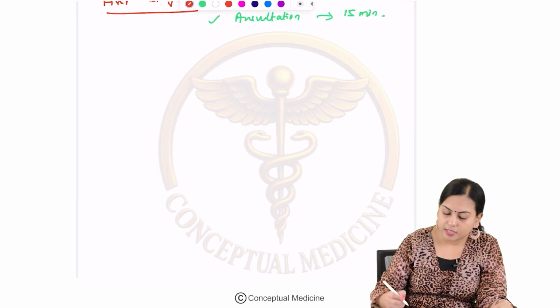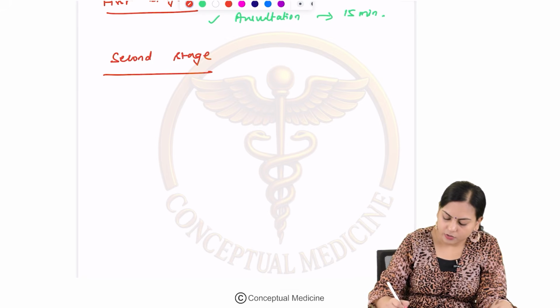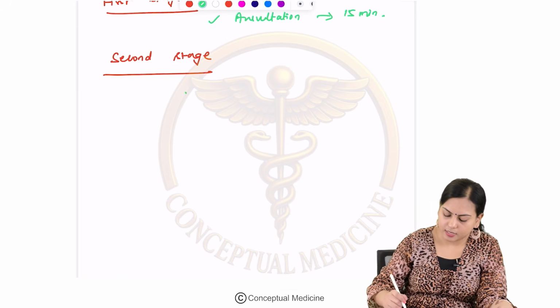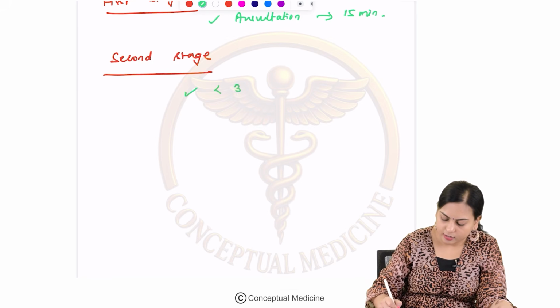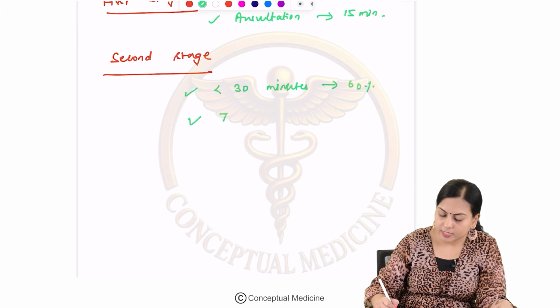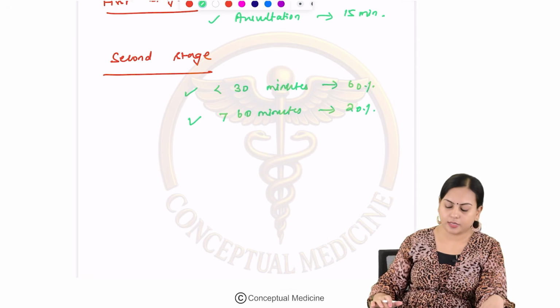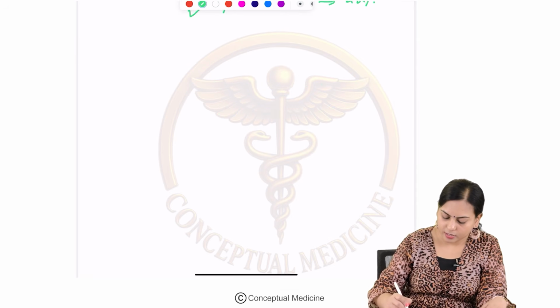And in the second stage, you have to know that less than 30 minutes will take for second stage of labor in 60% of women, and it will take more than 60 minutes in 20% of women. Clear? Okay.